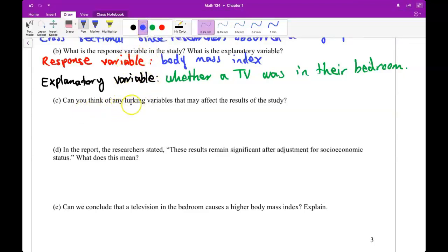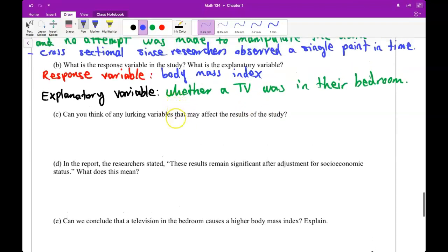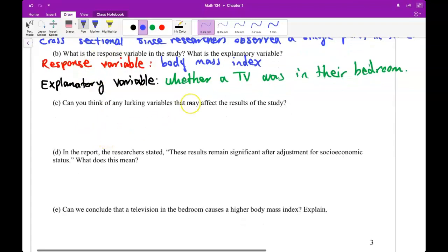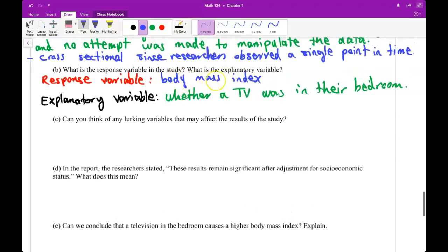Can you think of any lurking variables that may affect the result of this study? So can we have other reasons or other explanatory variables that are actually affecting this response variable? Not only having a TV in their bedroom, we may have other reasons for increasing body mass index.